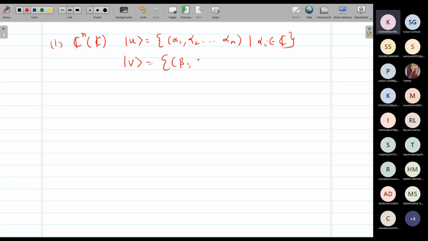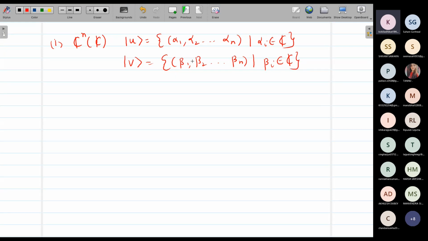Thank you. Up to now, I was just defining the rules. Now let me see. Let's say C^n over C, such that one of the vectors is a collection alpha 1, alpha 2, up to alpha n, where each alpha i belongs to C. Question number 1: does this qualify as a vector space for the general rule of vector addition and scalar multiplication?